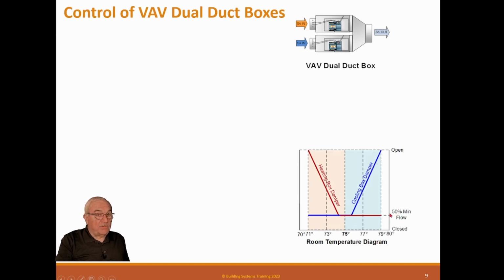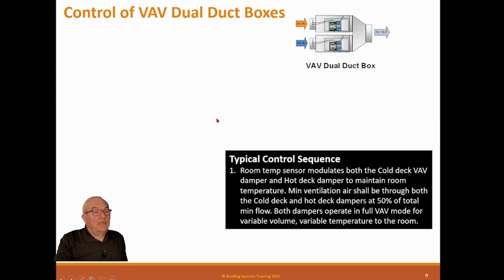If it's 20%, would it be 10%? And in the heating mode, when it's hot, the heating is closed or at minimum position, and then as it gets colder, it starts stroking up. So these slopes and this minimum air are completely programmable by the programmer. So he has the option to do that any way he wants to. Whatever the engineer wants anyway.